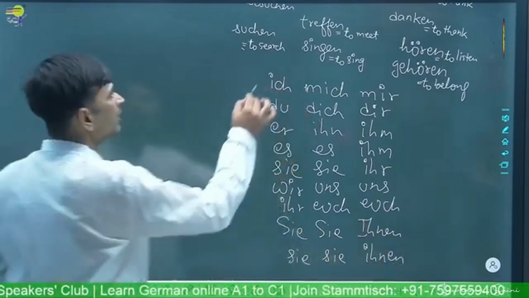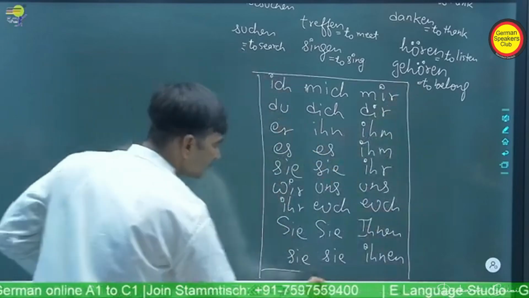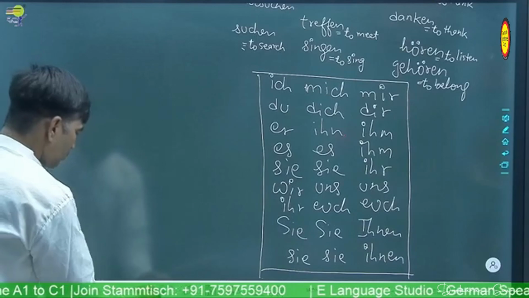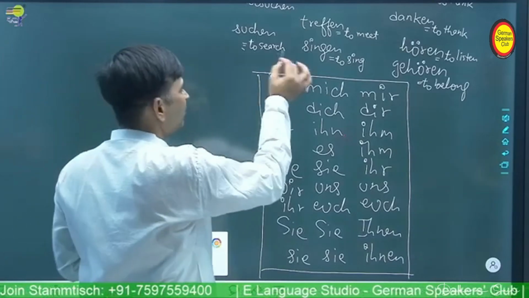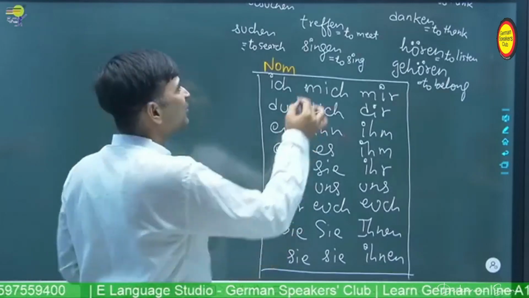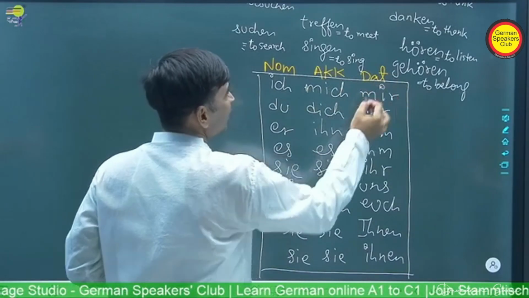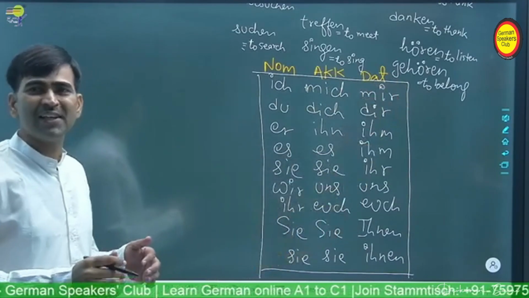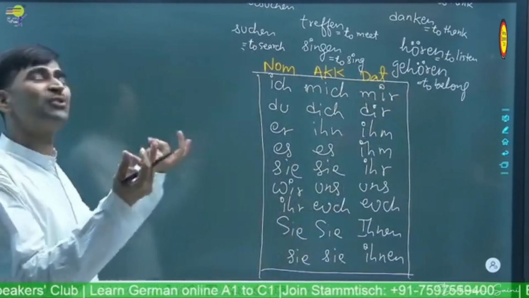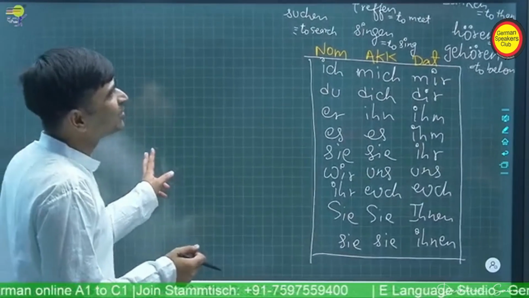Then you have es, ihm. Then sie, ihr. Then you have wir, uns. Then ihr, euch. Nominative means the subject. Then sie, ihnen. And then in the end we have again Sie, Ihnen.